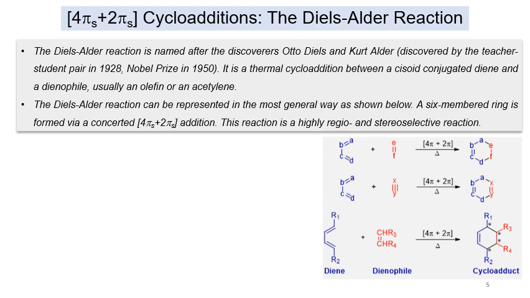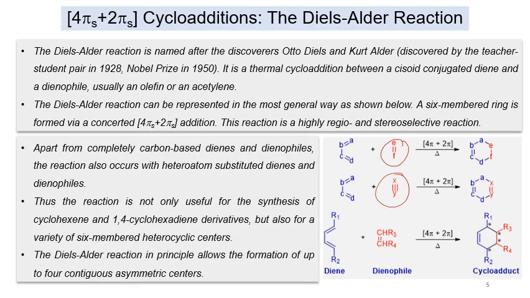So you can see here, depending on what you use, either an olefin or an acetylene, you can get either a cyclohexene or a cyclohexadiene molecule. The reaction, as we mentioned here, is a highly regio and stereoselective transformation. Let us see how this is going to be regio and stereoselective.